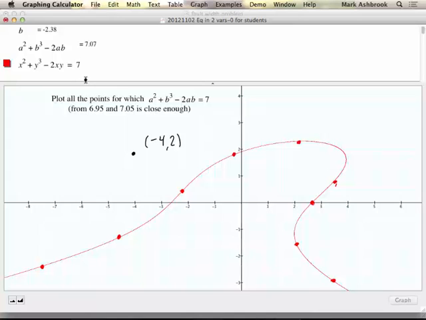It's not equal. Negative 4 is not equal to 2. Is that what you're saying? That's right. If you were to plug negative 4 and 2 into that equation, you would not get 7.